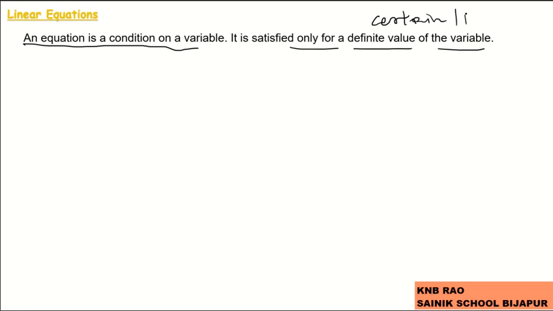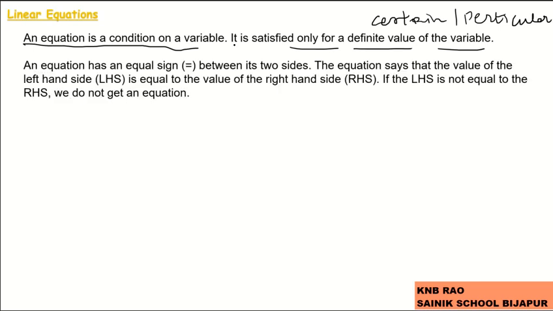So, we say an equation has an equal sign. The equation should have an equal sign between its two sides. Which are the two sides? One is the right hand side, RHS we say, the other is the LHS, which means left hand side.